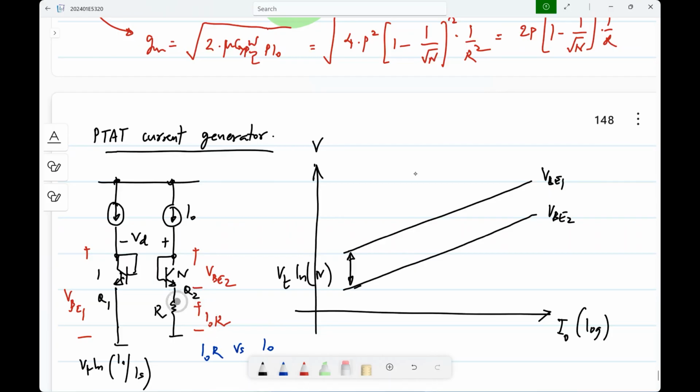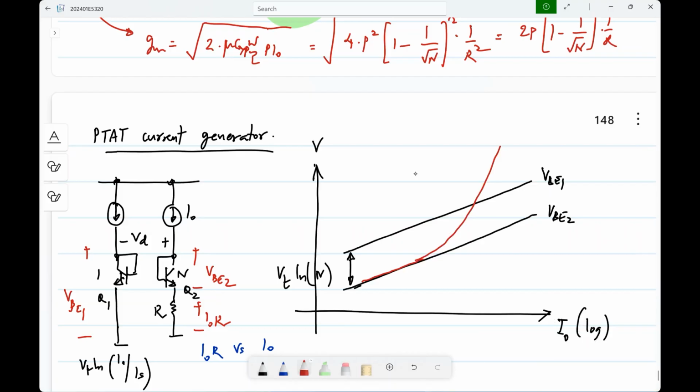Okay. So basically it rises sharply. When I naught is very small, the voltage drop across this will be negligible. And if I look at VB2 plus I naught R, it will be almost equal to VB2. And beyond some point, if I plot it like this, the voltage drop across R increases exponentially.